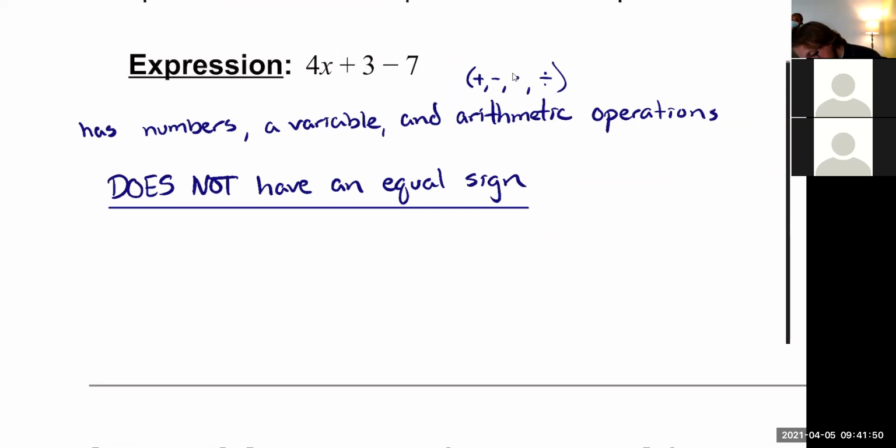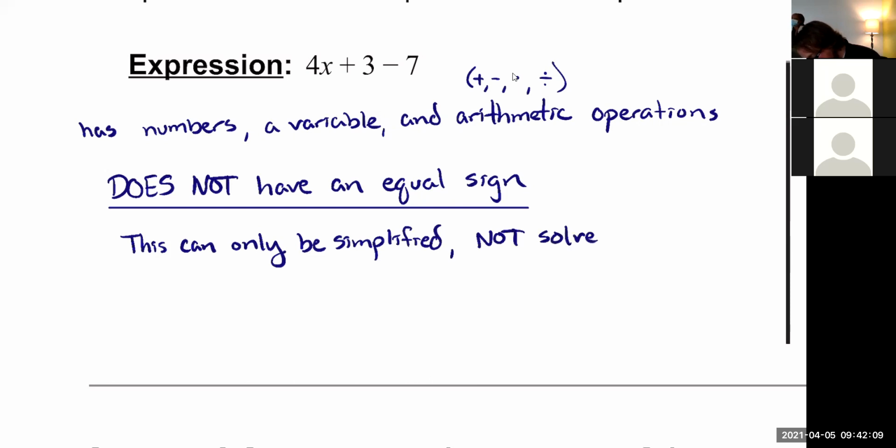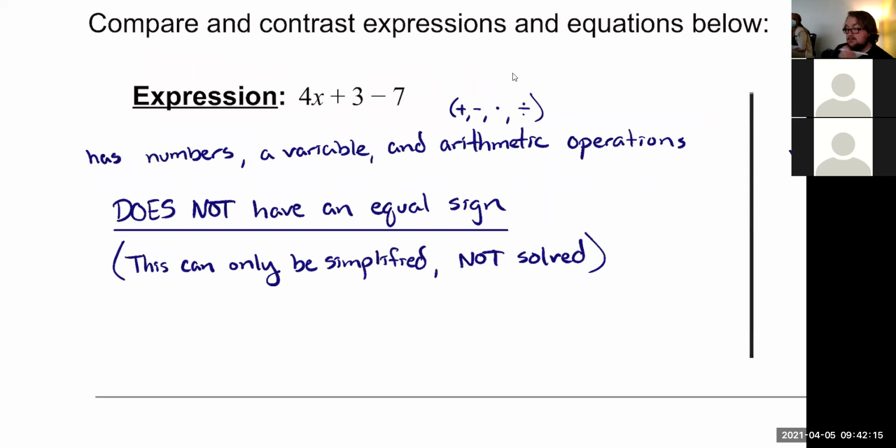It actually tells me that this can only be simplified, not solved. So an expression has all the same pieces except for that equal sign. And without an equal sign, you cannot solve it. That doesn't mean you can't do other things to it. That word simplify, we'll talk more about that here in just a moment.